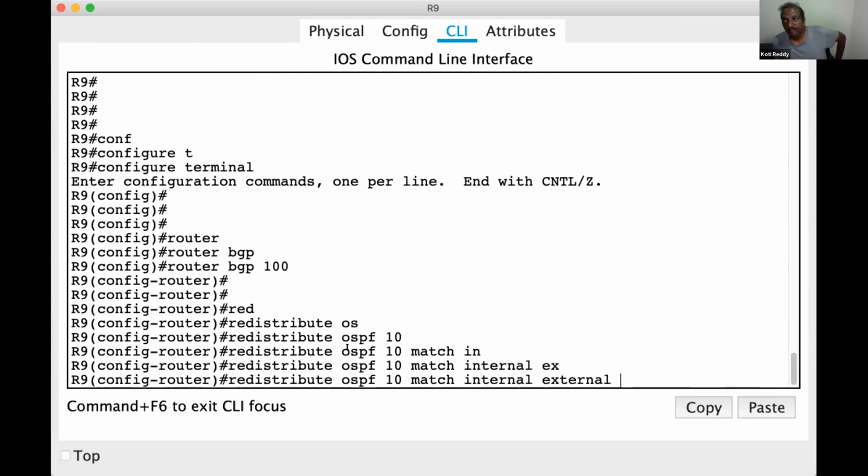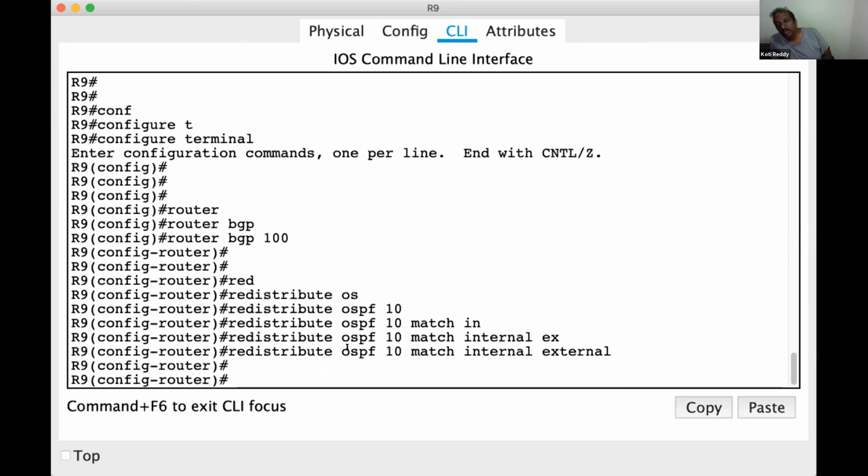So I'm saying send both internal routes of OSPF and external routes of OSPF. What are external routes? Those which have come through redistribution, O routes and OE X routes, all of them advertised into BGP. There's no need for a metric, but from OSPF you should mention whether internal and external routes are also being sent or not.